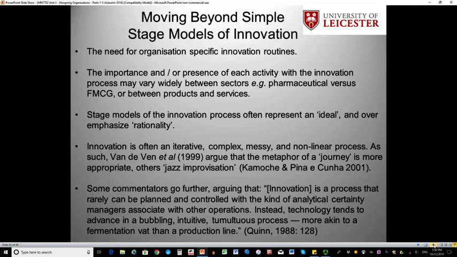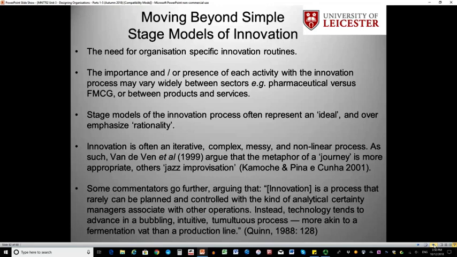I'd be interested to hear about your own experiences in relation to whether you feel it has to be or needs to be ad hoc, or whether it can be much more structured. But what we see is actually there are huge variations in the applicability of the stage model to different sectors. Some sectors it might work very well, and some types of products and services it might work much less well.